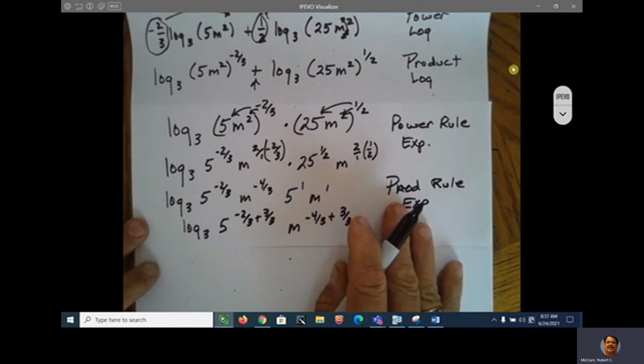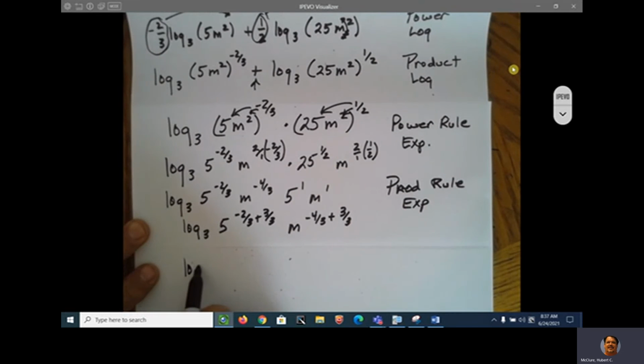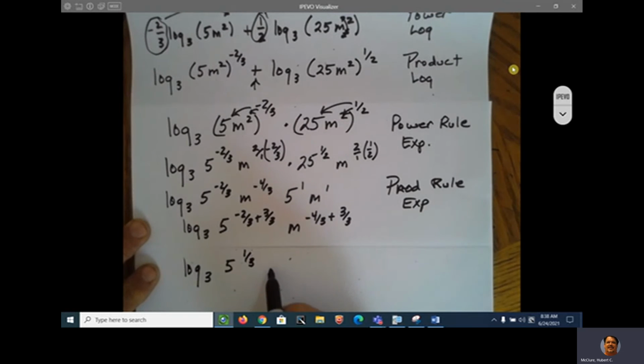Okay. That's going to give me log base 3 of 5. Negative 2 plus 3 is 1/3. M, negative 4 plus 3 is negative 1/3. So using the inverse rule, I'm going to take that downstairs.